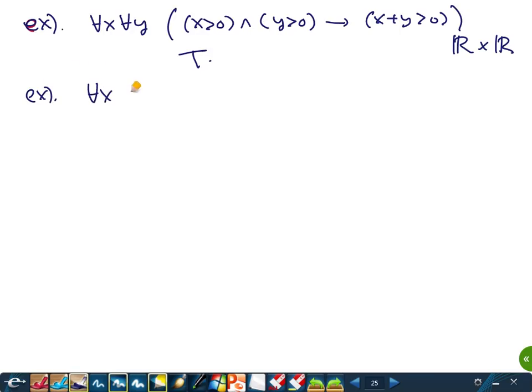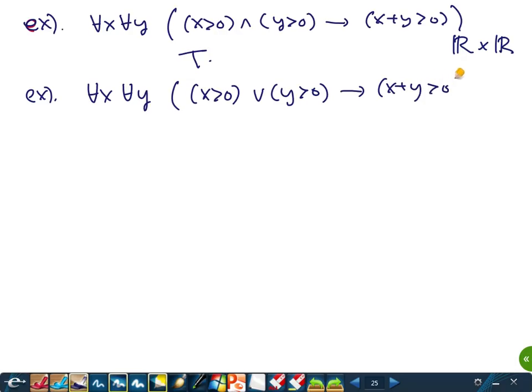For all x, again the same domain of discourse, if x or y is positive, then x plus y greater than 0. True or false? For every real number x and every real number y, if either x or y is positive, then their sum is positive.